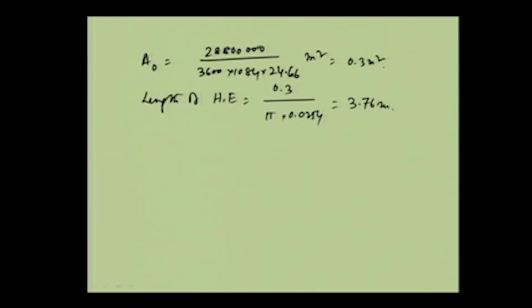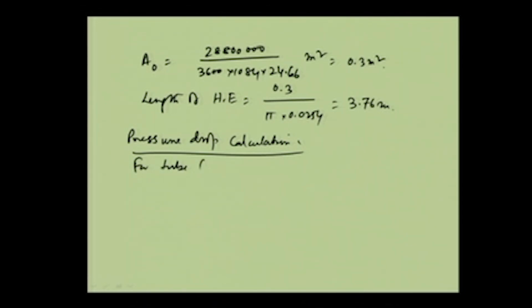Now to go for the pressure drop calculations. So pressure drop calculation for tube side fluid, we will make use of this relationship that F is equal to 0.0014 plus 0.125 by Re to the power 0.32.